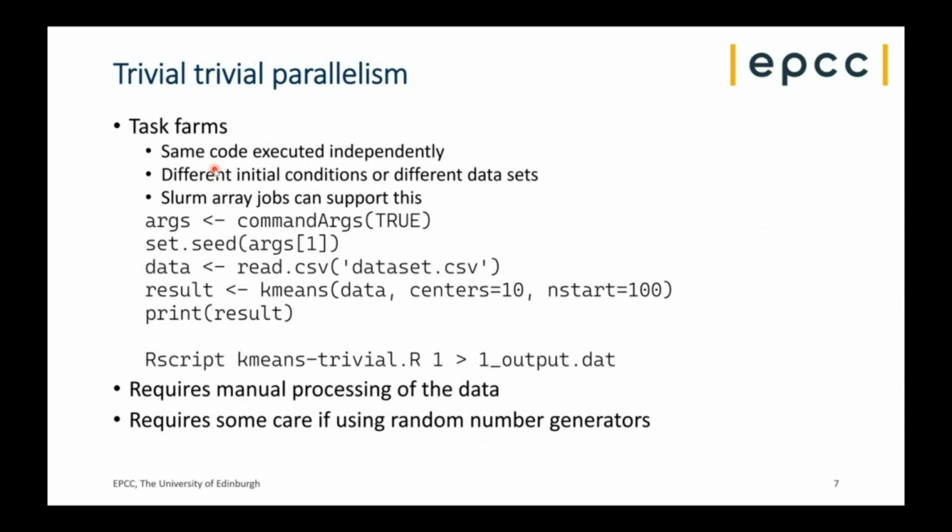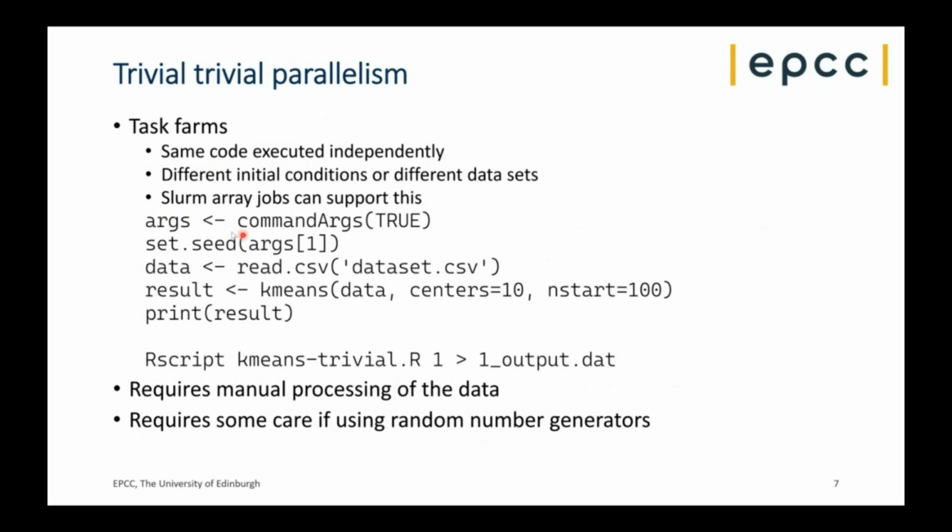There's what I would call trivial parallelism, where effectively we're executing the same code independently on different data sets or different initial conditions. This is exactly what we could have done in Slurm using an array job. So we don't have to do this inside R. We could do this inside Slurm itself, or we can combine a Slurm array job with an R job to do something like this.